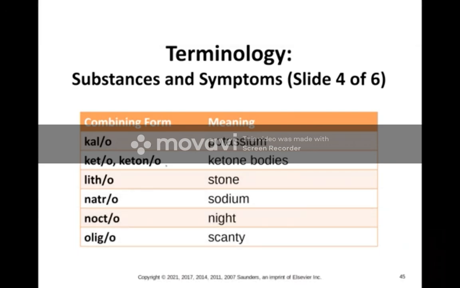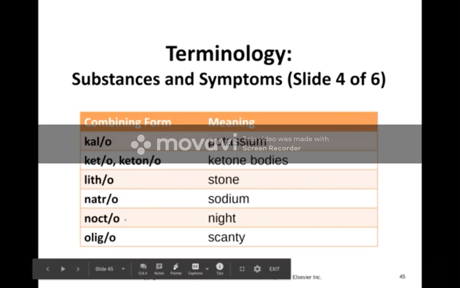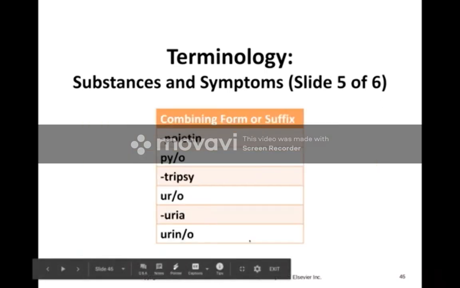Ket or keto or ketone or ketono are the ketone bodies. Lith is stone. Natri or natro is sodium. Nocto is night. Olig or oligo is scanty, so not very much.